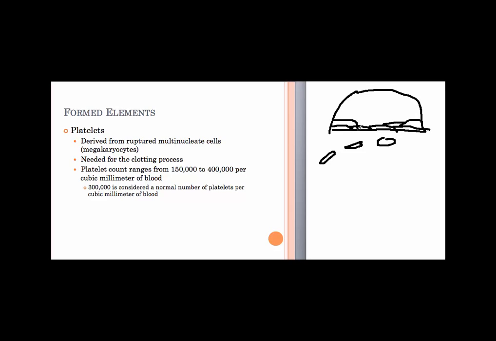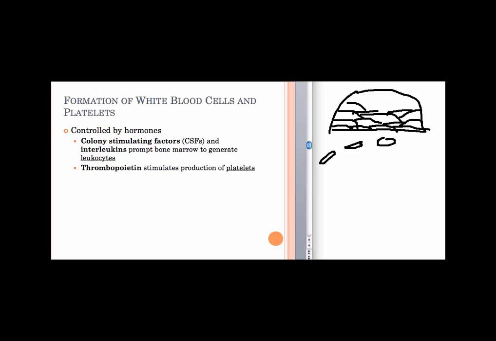I'm not going to draw all of the layers, but just imagine this huge cell starting to pinch off to give rise to all those platelets. And we need platelets for blood clotting. We'll get into that in a little bit.